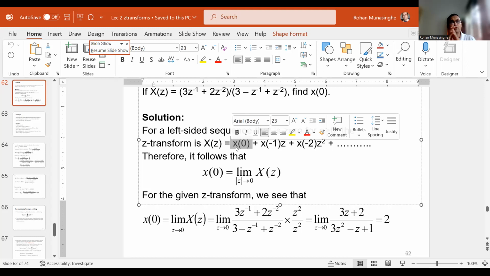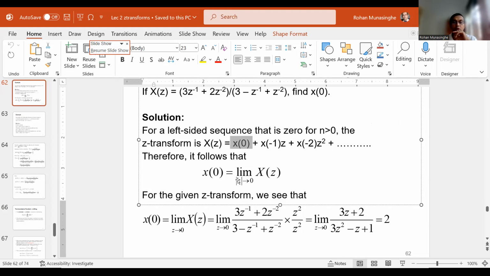And that is why we took z to infinity, because it was negative powers of z. But now you have z positive powers, so sending z to infinity is not going to help. So we change the course here, and we are sending z to the 0.